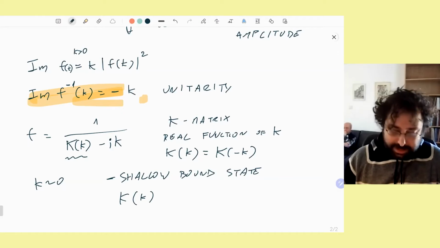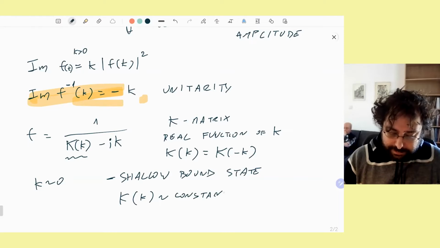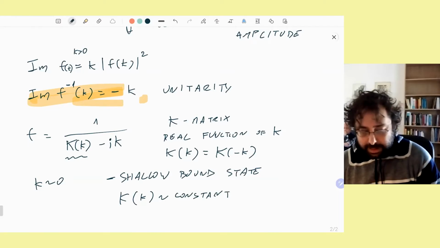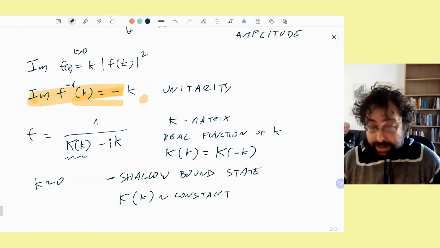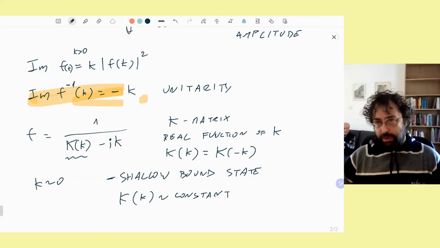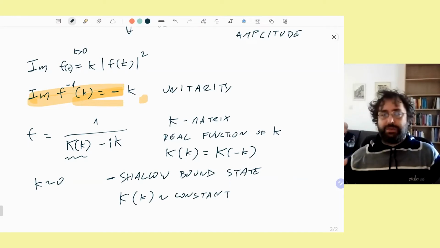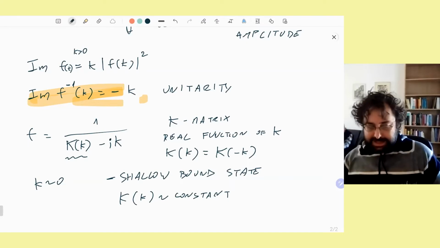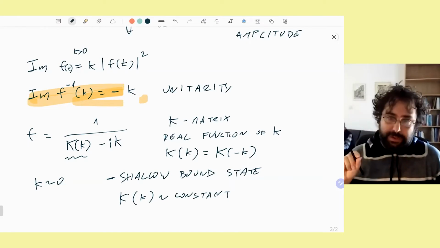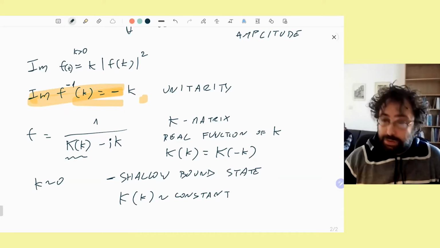I know nothing about this, but I can approximate it with a constant. You can think of this as in general a complicated even function of K, so I can expand in powers: constant plus constant times K squared, etc. And I just stop at the zeroth order term because I'm very, very close to threshold.